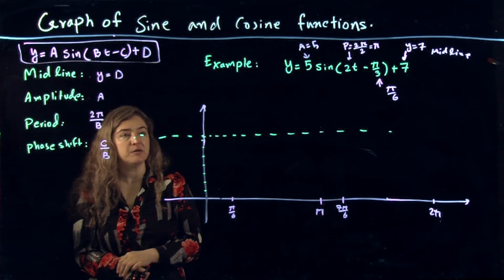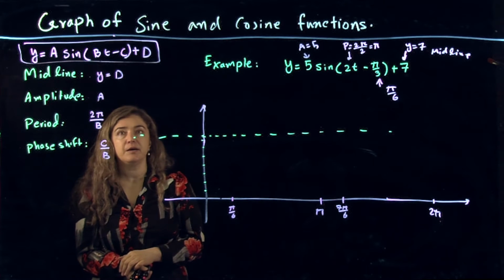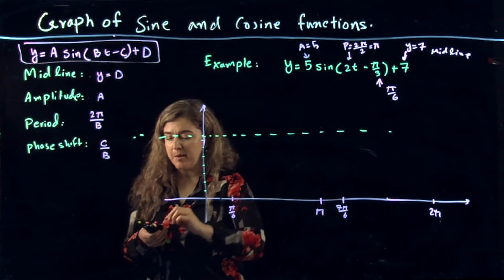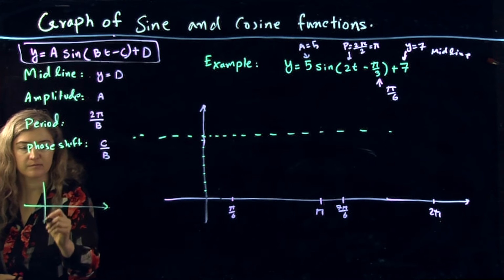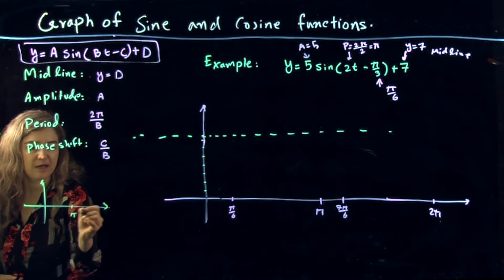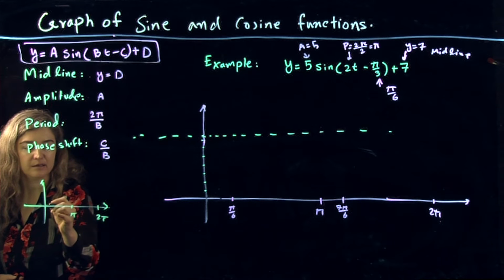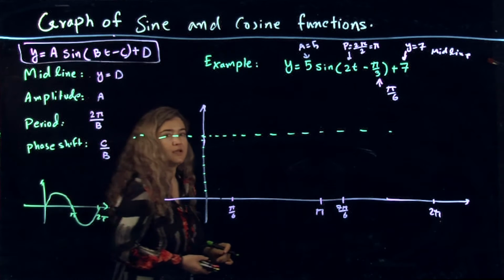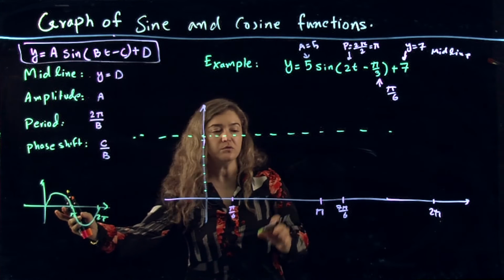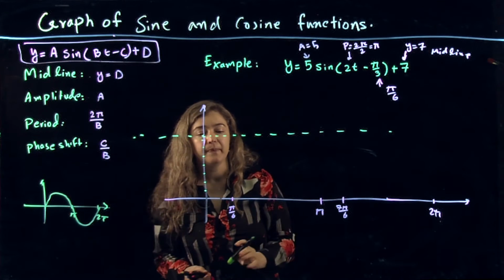And so that's what I'm expecting to happen. If you remember, this was the plain sine function. This was pi, this was 2 pi, and it looked like that. So I'm trying to repeat that over here.